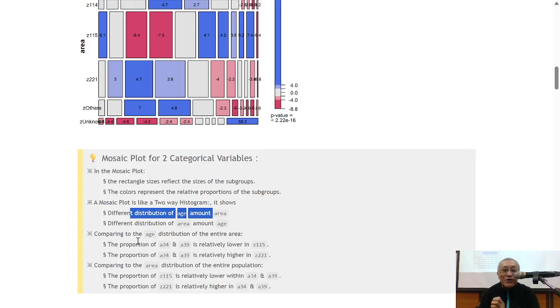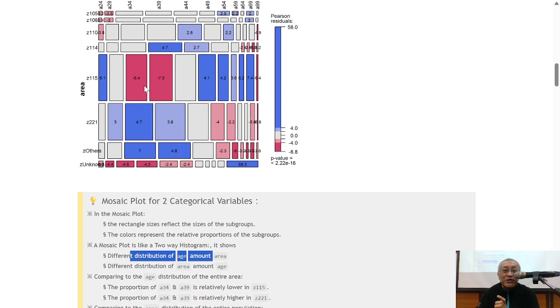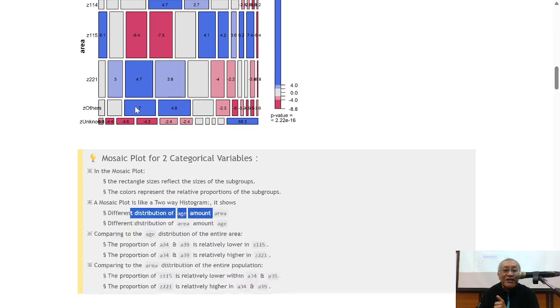Okay, so if we want to compare the age distribution across the regions, you can see that these two cells are red, right? The red color means that these two cells map to A34 and A39, right?